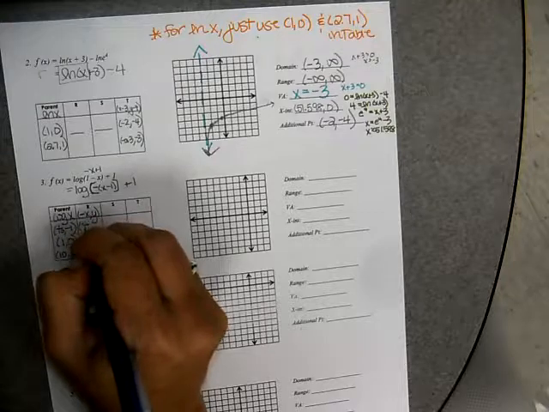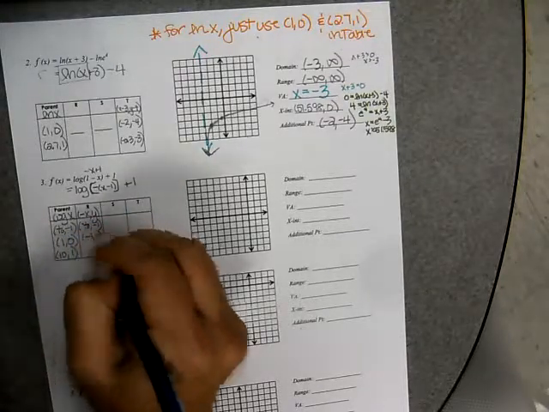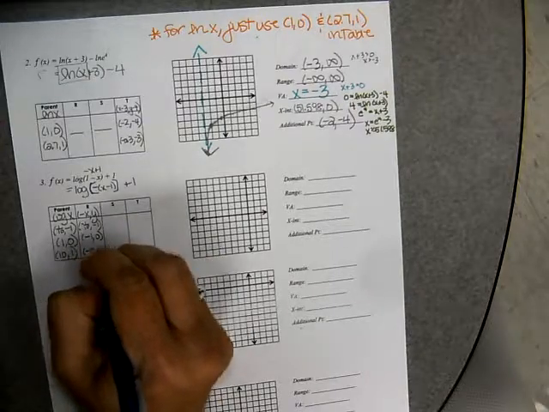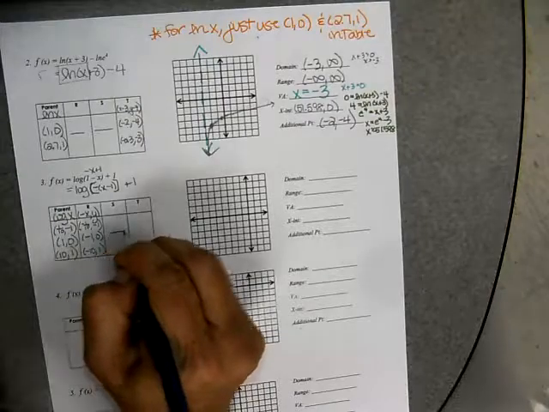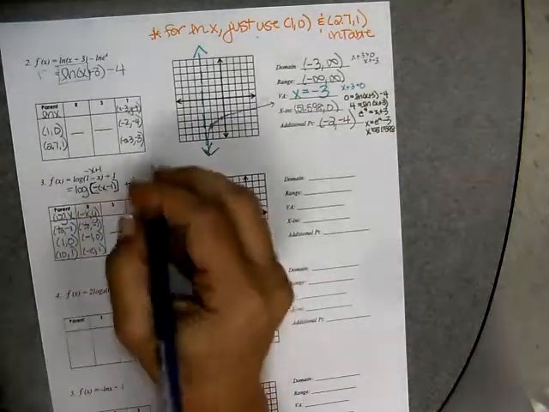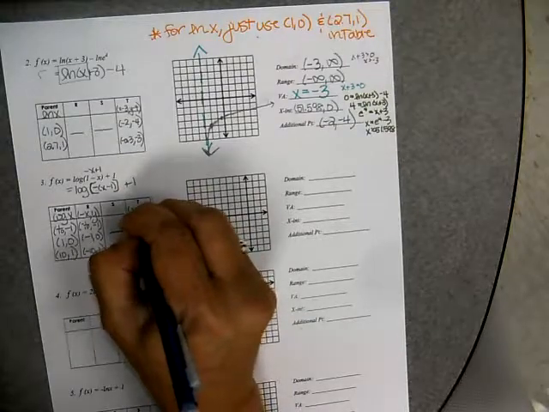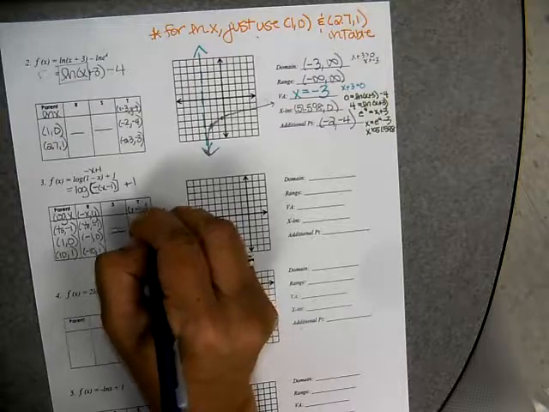So then I'd have negative 1/10, negative 1, negative 1, 0, and then negative 10, 1. I don't see any stretches or shrinks, but there's a translation. After we factored out the negative, we can see that we'll translate right 1 and up 1.